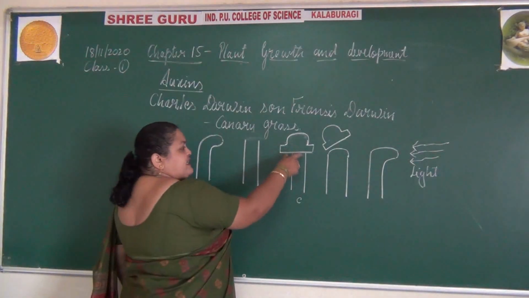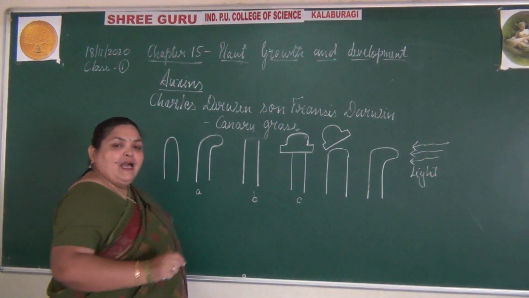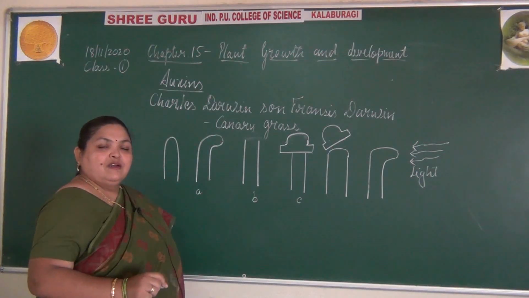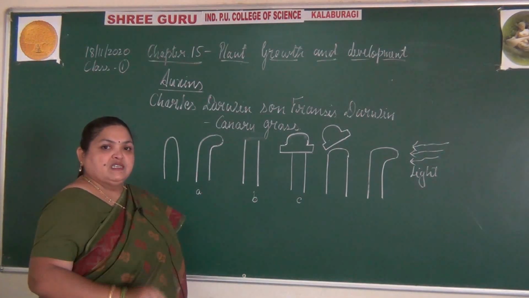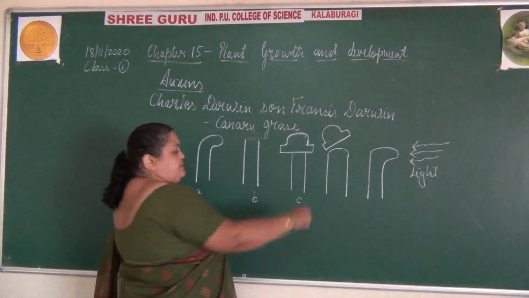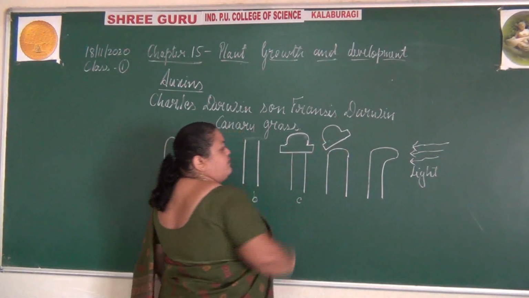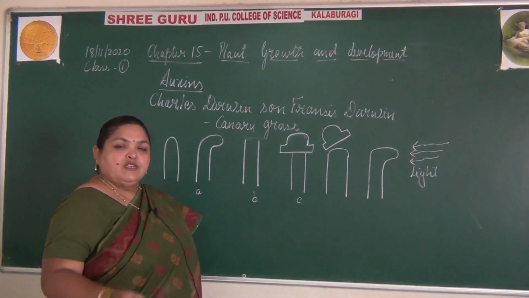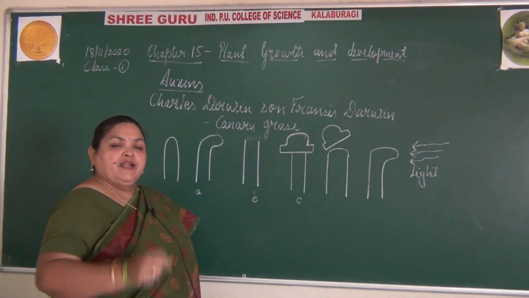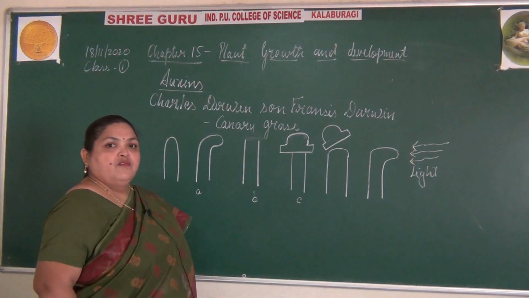Similarly, when it was capped, a black cap was placed on the coleoptile, then also it did not respond towards the light. Then when the cap was removed, it showed the response by bending towards the source of light.